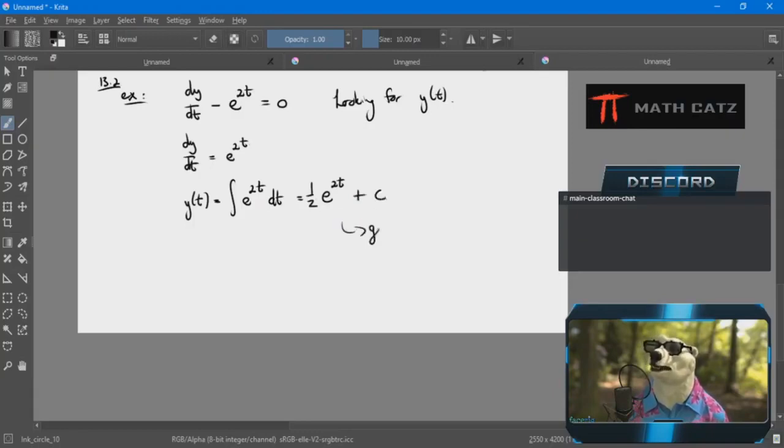So there is the general solution. A lot of this is much more familiar, and much less strange, than I might have originally thought.